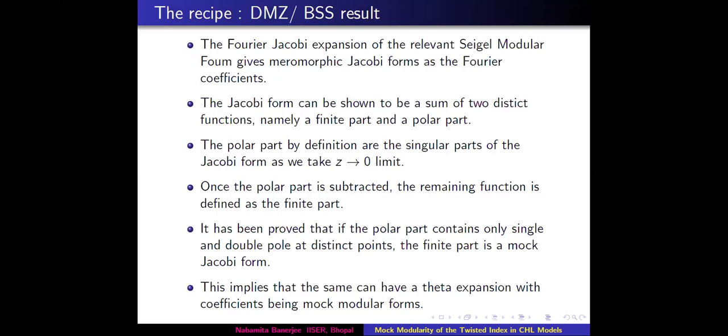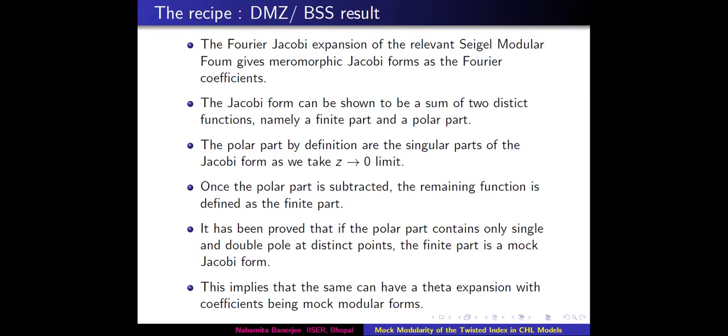Now, I already told you the result of Dabholkar, Murthy, Zagier and this paper by Ajit, Ashok and Ranveer, Bhand, Sen and Singh. But let me tell you now how to get to their results. What are the steps to get to the conclusion that they have obtained?